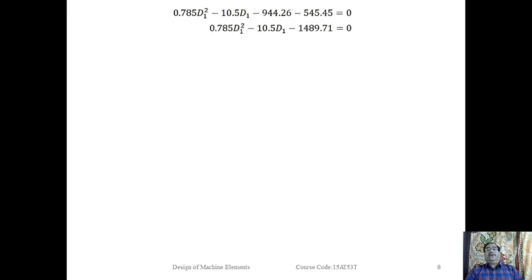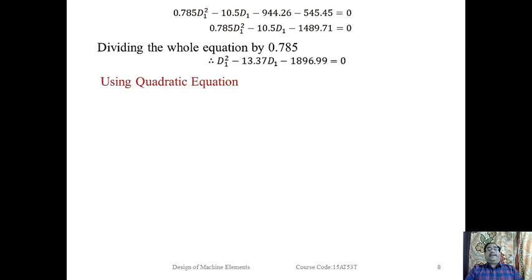So here we have two unknown factors, that is D1 square and D1. So hence by using the quadratic equation, we can solve this equation. So first we have to divide the whole equation by 0.785 because the coefficient of D1 square must be 1.